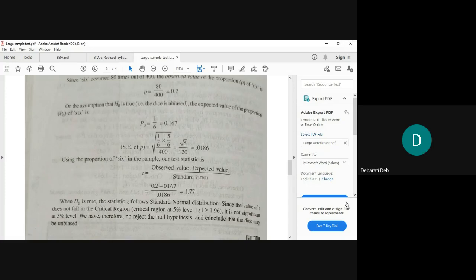Or you can calculate root over 5 by 6. If you have a smartphone or a calculator, calculate what is the 5 by 6 answer. Then it will come in point. Then calculate the root over of that. And in the denominator, it will be 20. That is how you will get the answer.